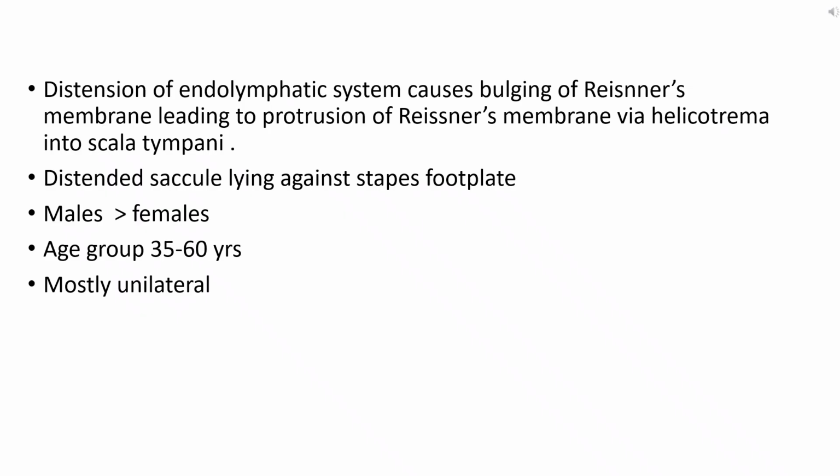It is seen that it is more common in males as compared to females. The common age group is between 35 and 60 years, and it is mostly seen as a unilateral condition.